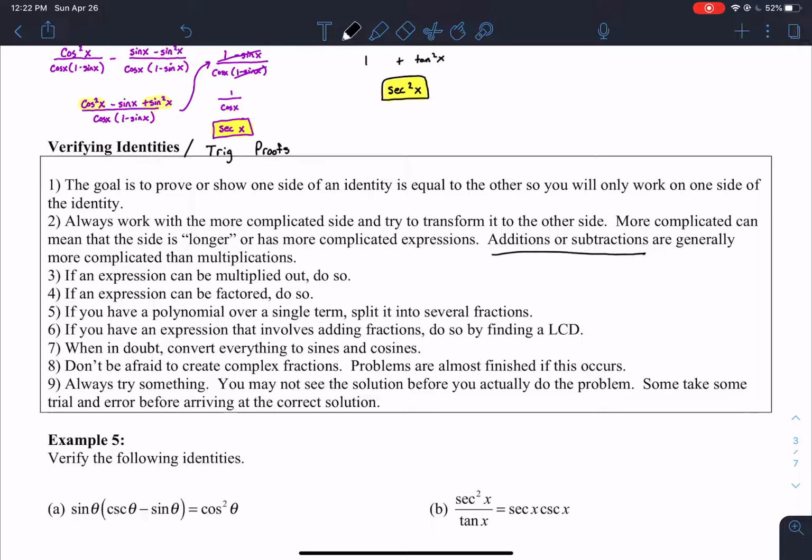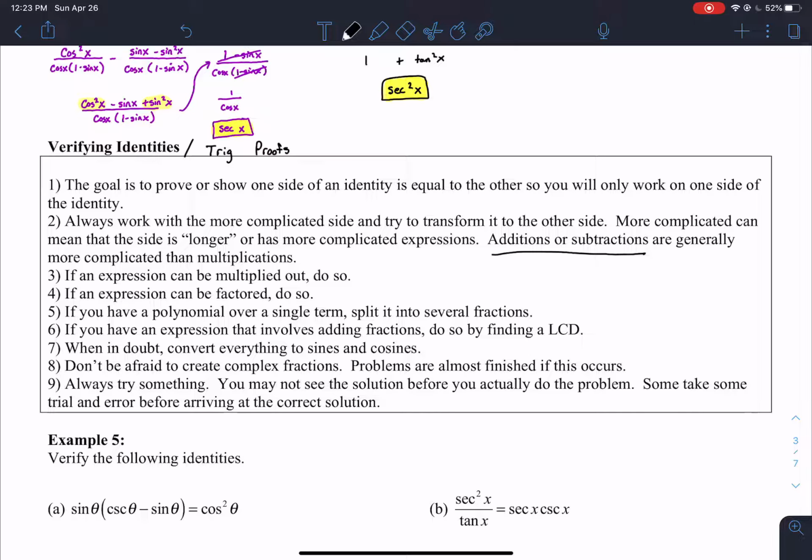If you can split it into a couple of fractions, sometimes that'll be helpful. Or conversely, you can combine terms. It all depends on what you have on the other side. When in doubt, change everything to sine and cosine, because a lot of things are in terms of that.